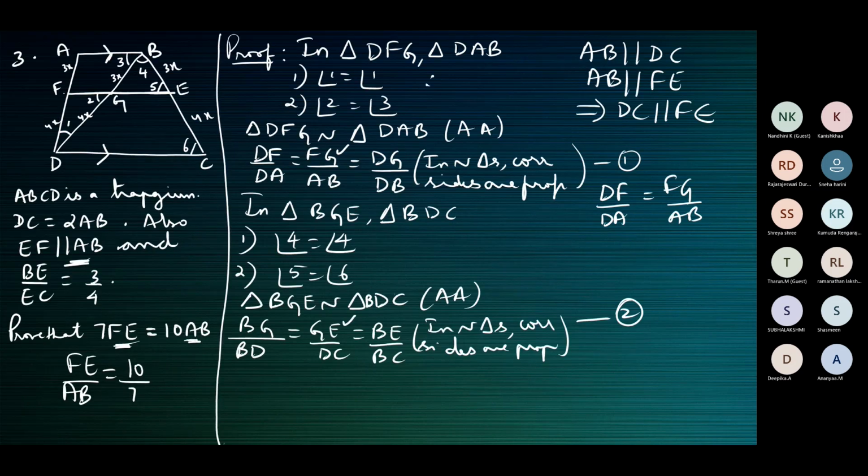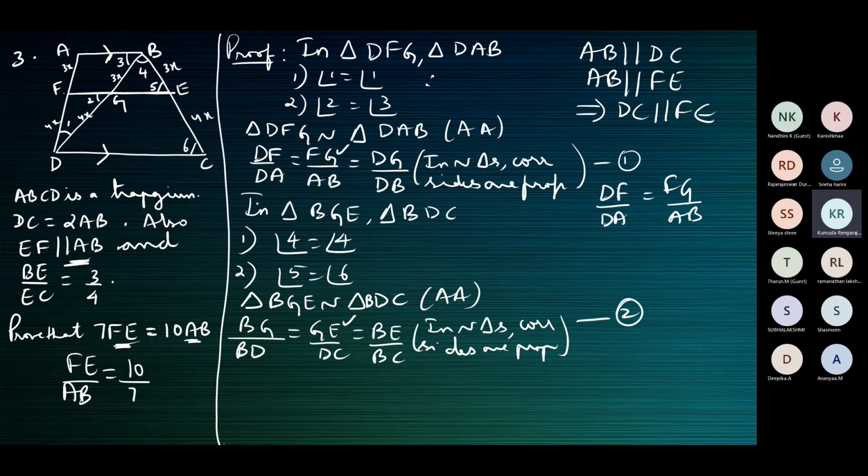That means you don't even have to use BPT. You can just mention this theorem. See, if AB, FE and DC are the three parallel lines, and AD, BD and BC are transversals, the ratio of the intercepts on the transversal BC is 3:4.